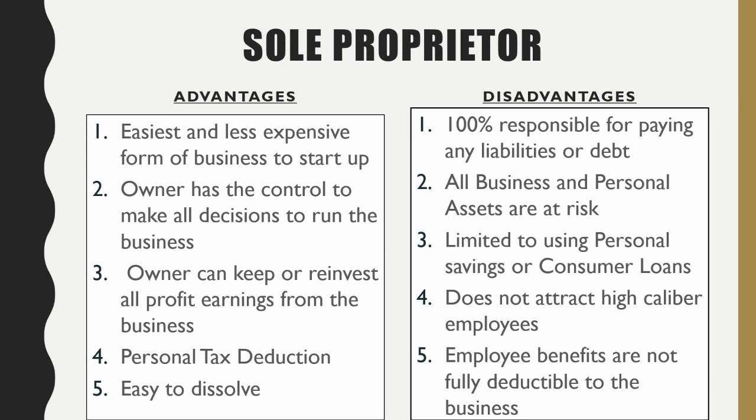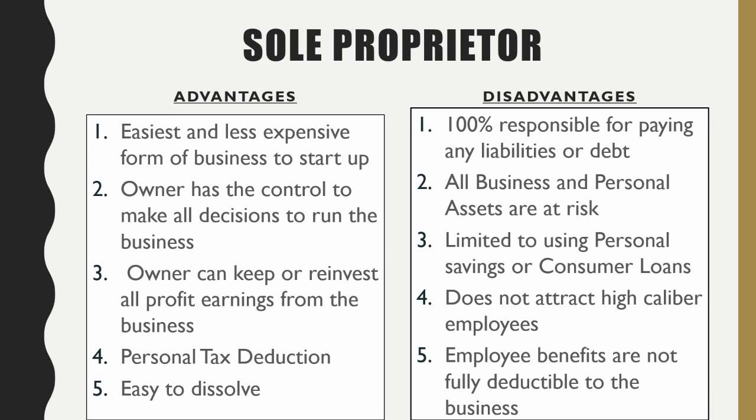So, if you owe a $50,000 loan and you decide to make really bad decisions to the point where your business is plummeting and you cannot pull yourself out of it, right? Look at that. You still owe that $50,000, and what they're going to do is repossess all the items in the business, and then they're going to go after your personal assets as well.